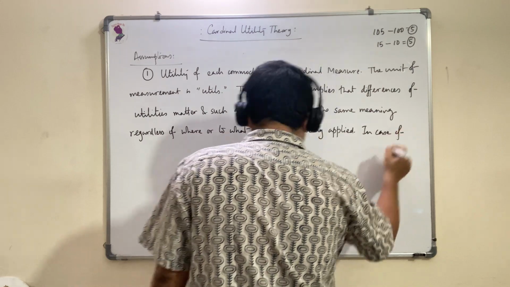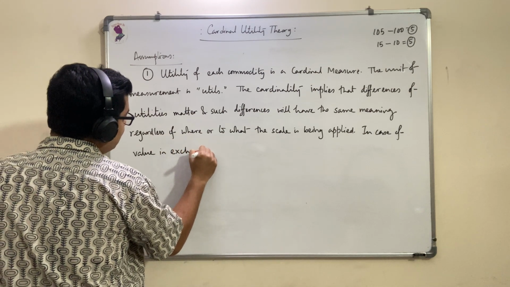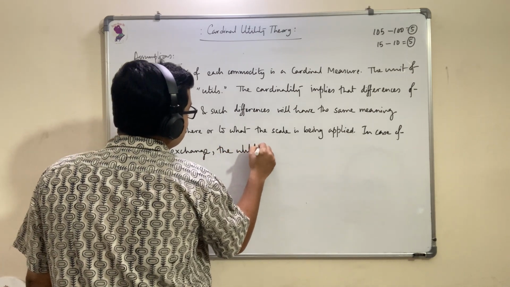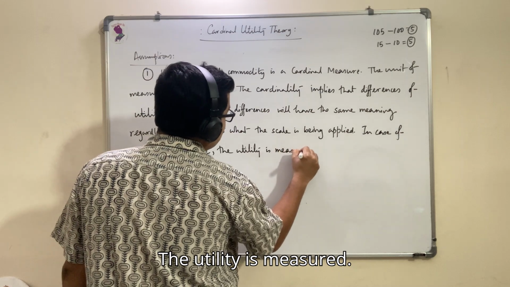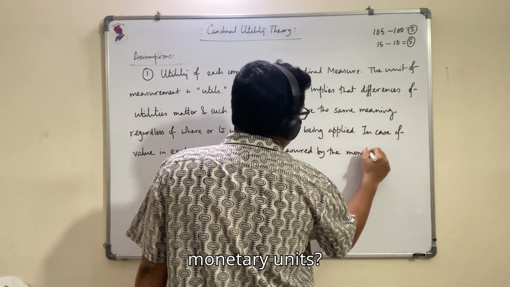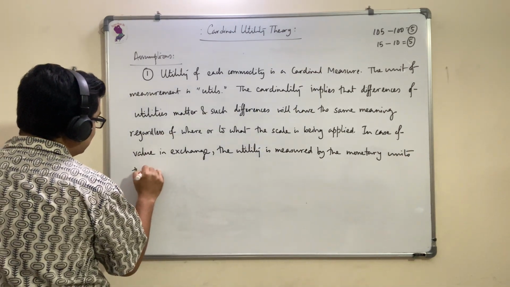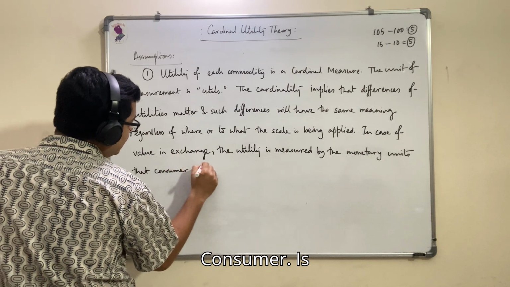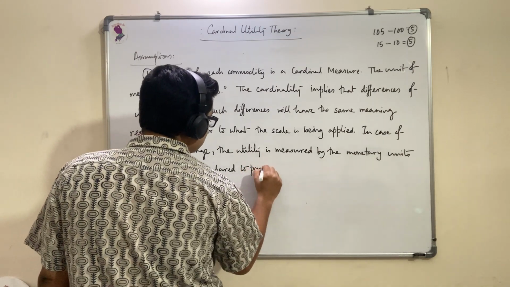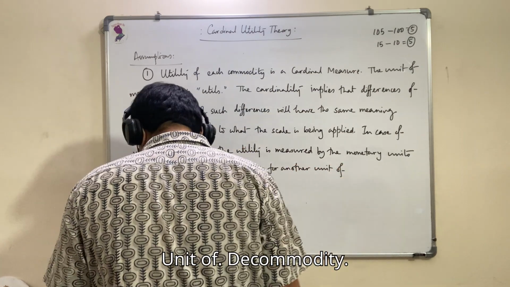In case of value in exchange, the utility is measured by the monetary units that a consumer is prepared to pay for another unit of the commodity.